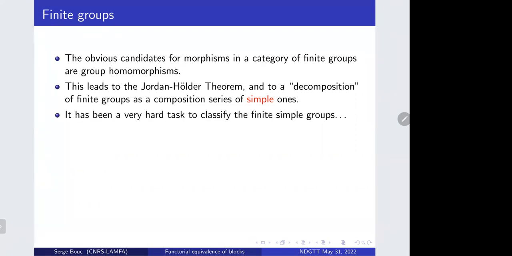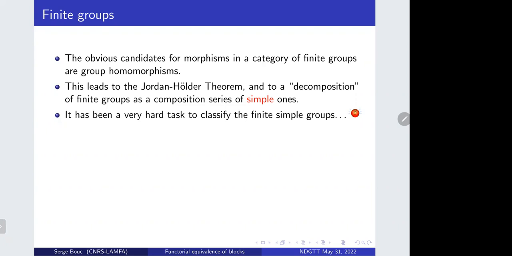But as you know, it has been a very hard task to classify all the finite simple groups. This is sometimes called the huge theorem. And even if the proof has been simplified quite a lot, it's still very complicated and intricate. So that's the first point.